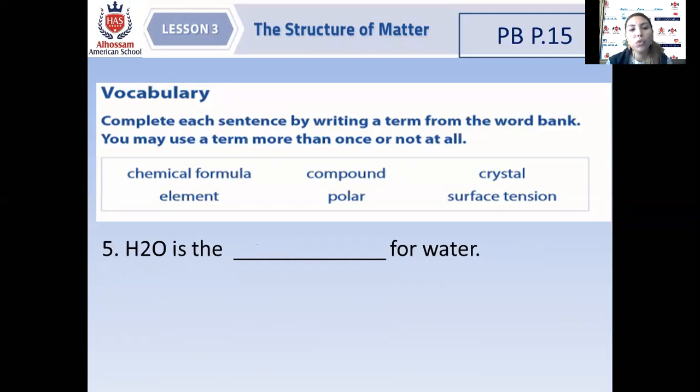Okay, H2O is the blank for water. So, the correct answer.